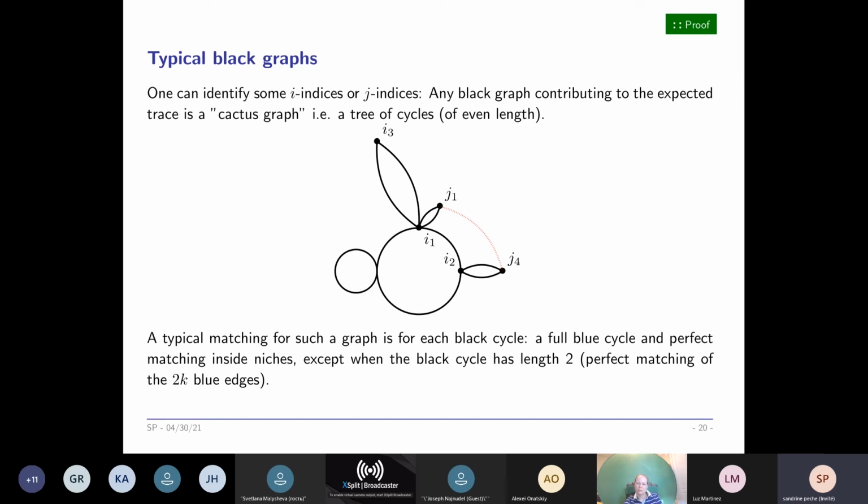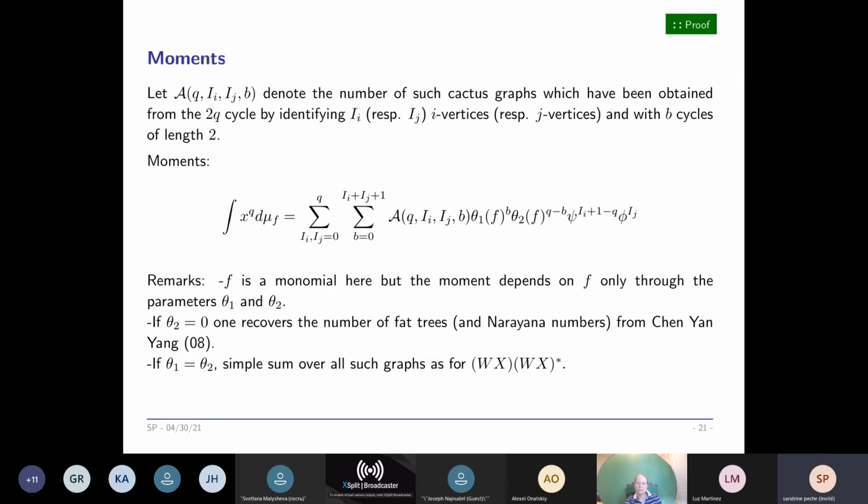Okay, and in the limit, on the next slide, please, we obtain that the moment is simply the sum over all the cactus graphs. So A of Q here counts the number of cactus graphs, and each small cycle of length 2 is weighted by a factor theta 1 and others by a factor theta 2.